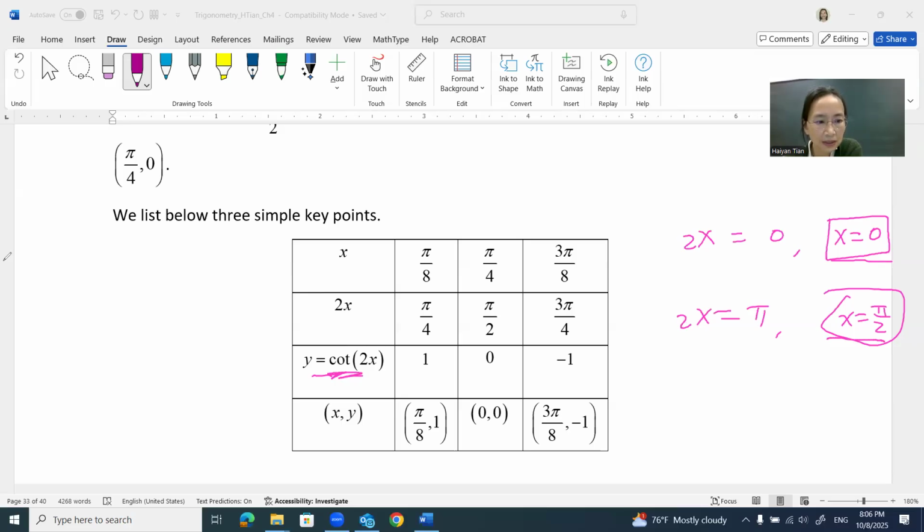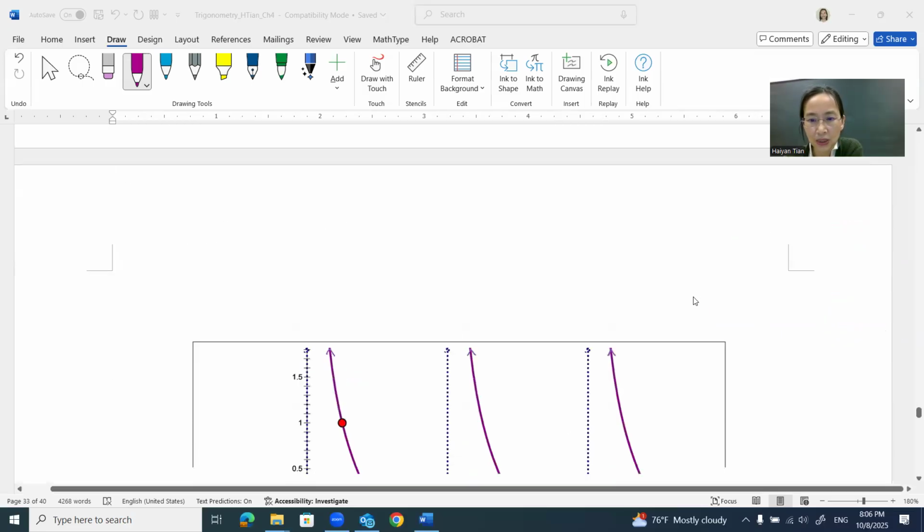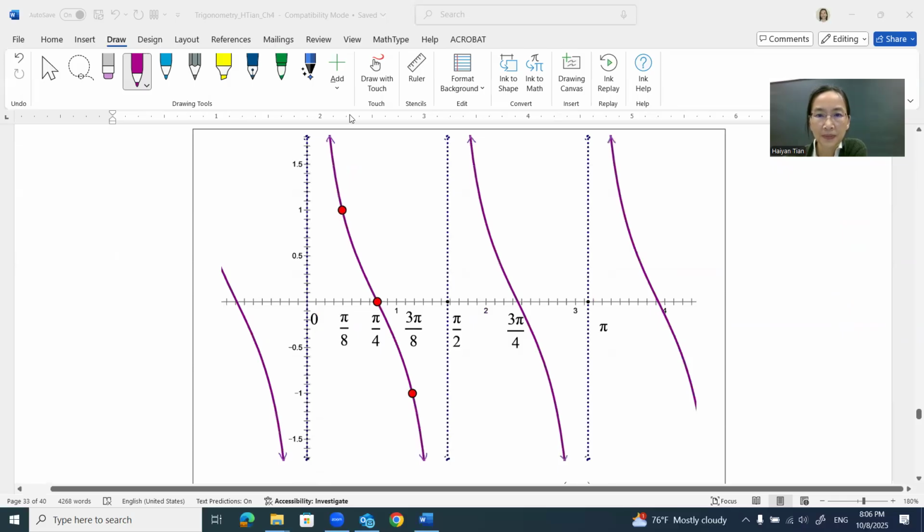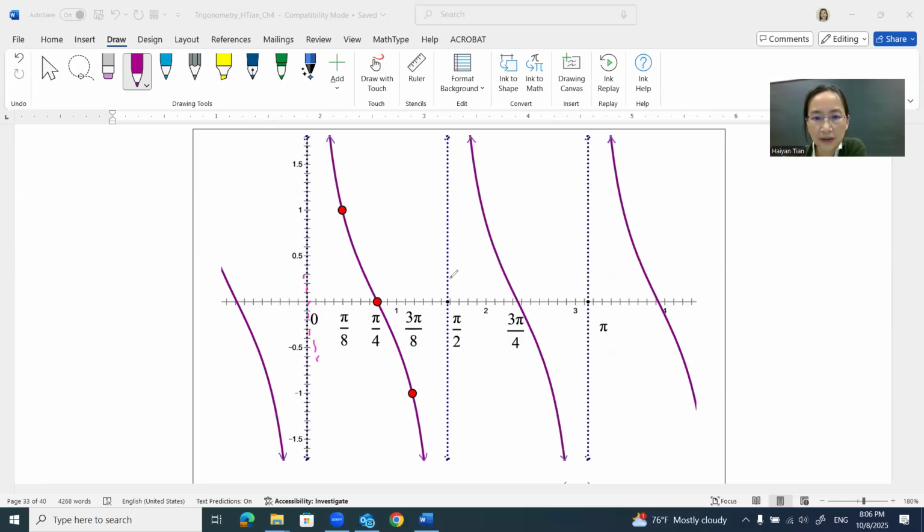Let's take a look at the picture. At 0 and half of pi, we can sketch one period. Of course, there is the next period, but first we get one period. For this one period, we know the vertical asymptotes.